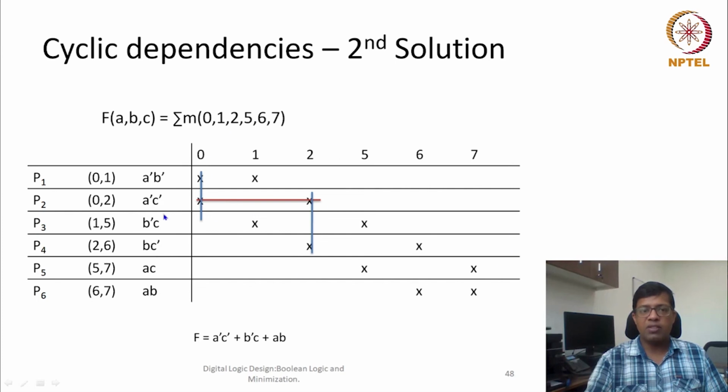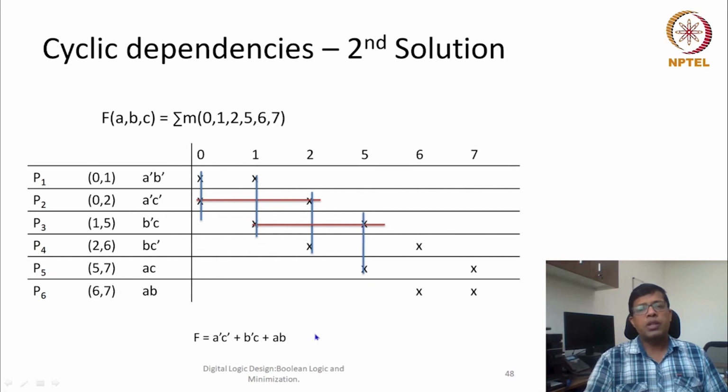Out of that, 1 and 5 is the better possibility because it covers two different min terms. So I select 1 and 5, and remove min term 1 and min term 5 from the chart. Out of the remaining min terms 6 and 7, I can use P6, that means 6 and 7, AB, in my solution.